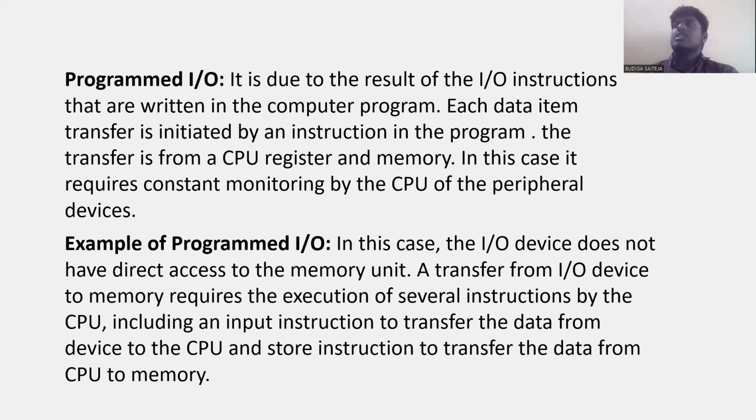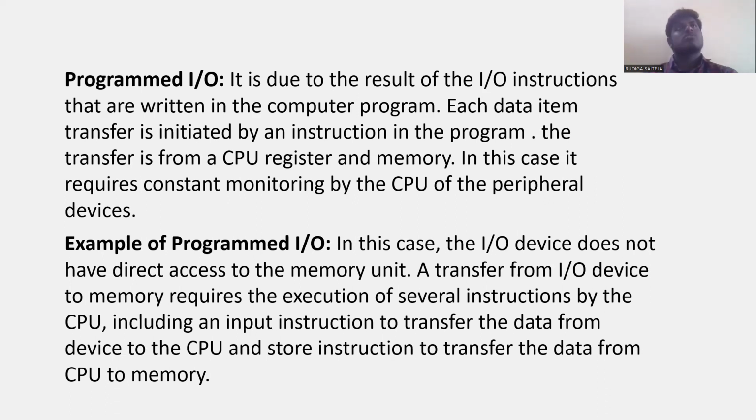By the CPU giving several instructions or commands, the memory requires an input instruction to transfer the data from the input device to the CPU, and stores the information to transfer the data from the CPU to memory.